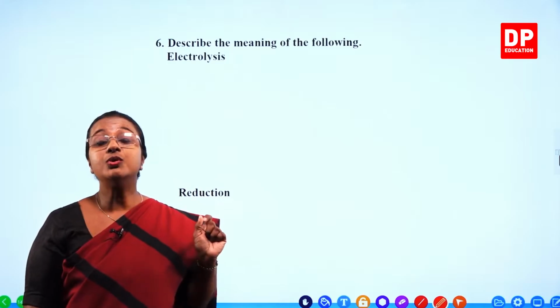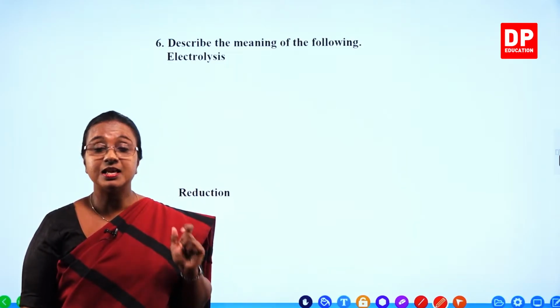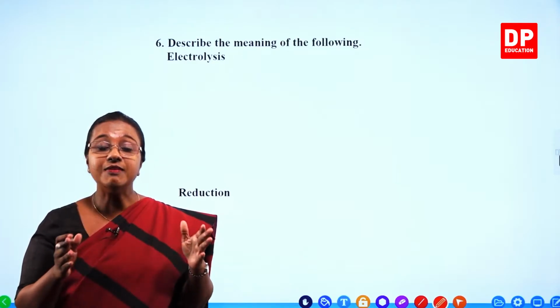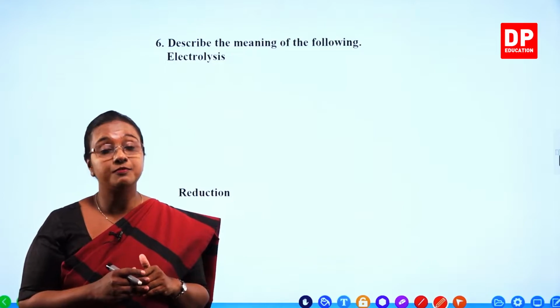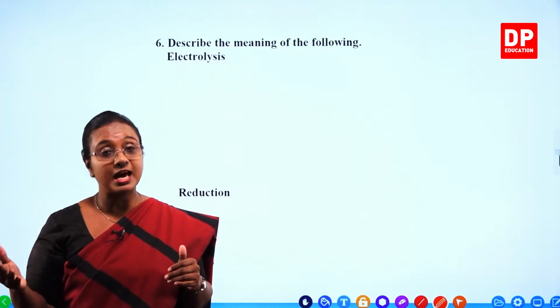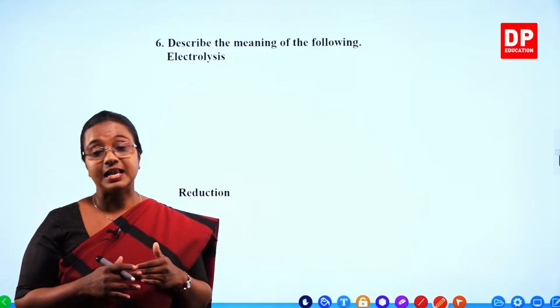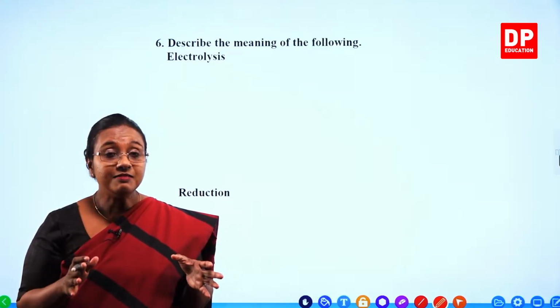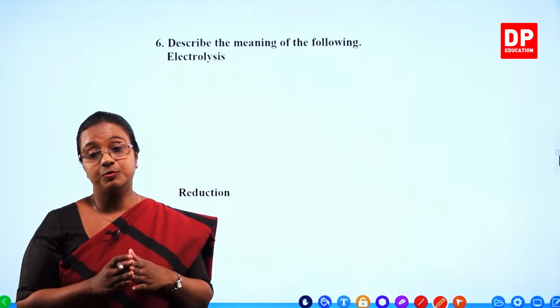Electro refers to electricity, and lysis means you separate, you divide a more complex substance into simpler forms. That is the meaning of lysis. So here what we do is, by providing electricity, we divide a compound into simpler components.